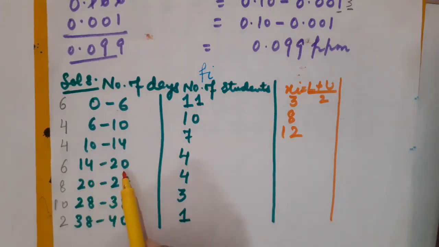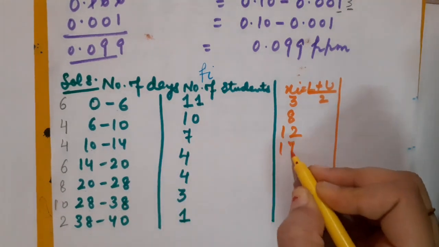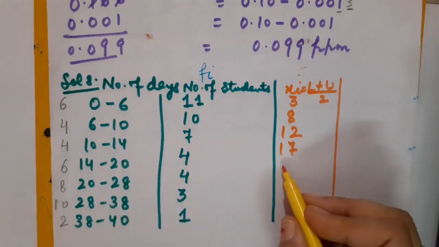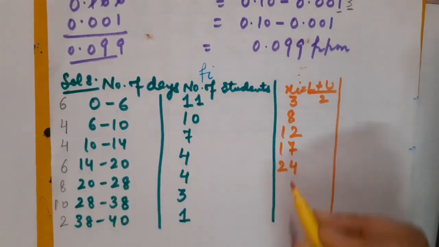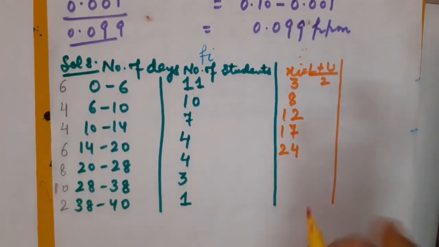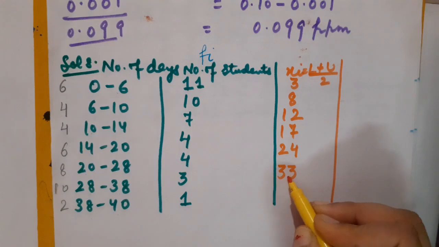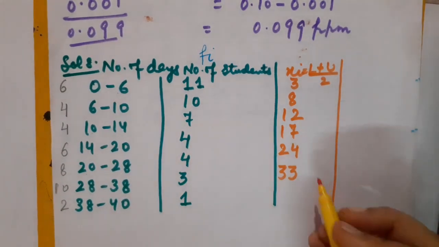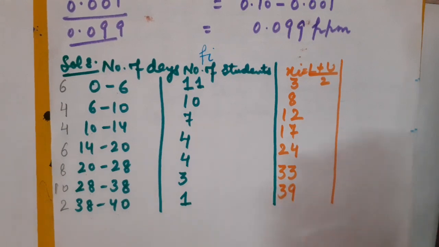14 plus 20, you will be getting 34 divided by 2, that is 17. Correct? Next will be 48 divided by 2, that will be 24. Next will be 66. 28 plus 38 will give you 66 divided by 2, that is equal to 33. And next will be 78 divided by 2, which will be equal to 39.